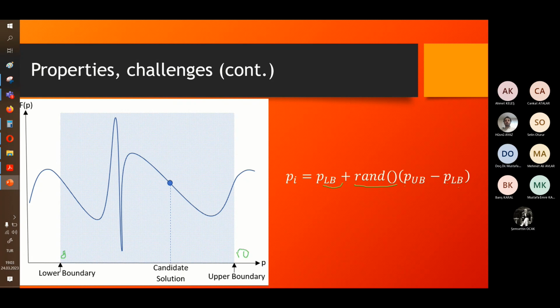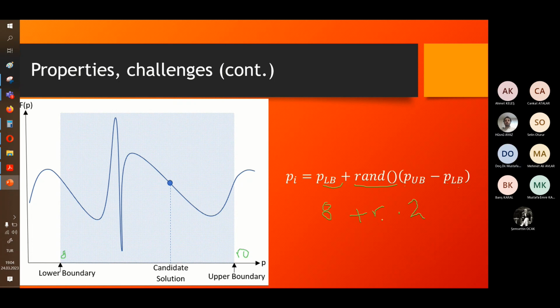So 10 minus 8 will be 2 times the random plus PLB, which is 8. Okay, so give me a random number between 0 and 1.